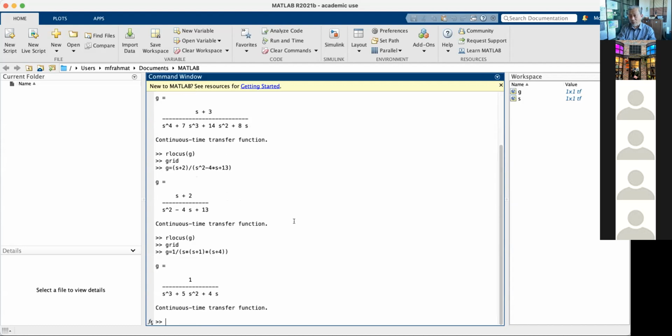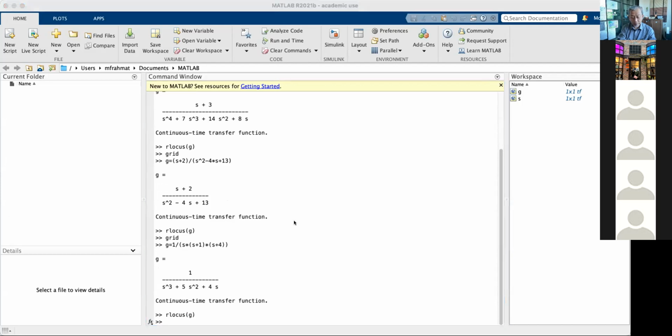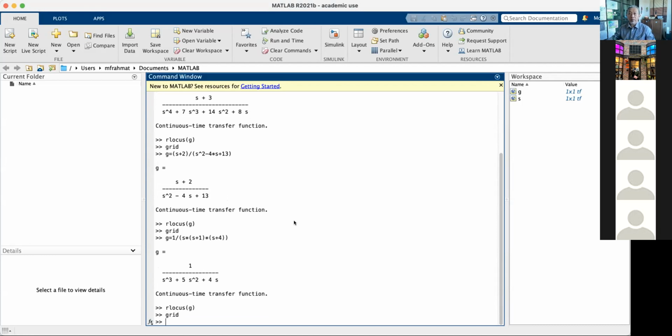That is your open loop transfer function, and then rlocus G. Go there, and then grid, so that you can have a grid over there.